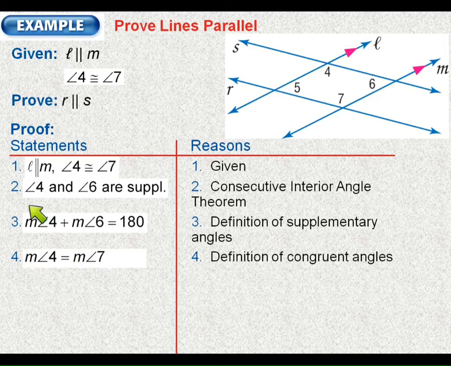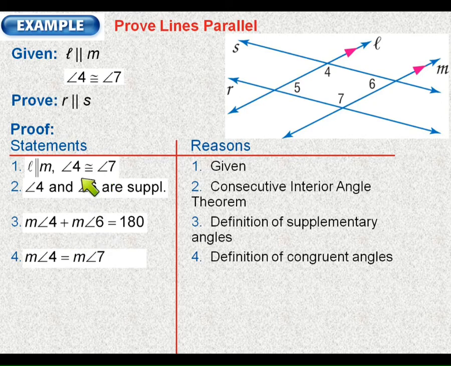Remember, if I'm going to substitute into an equation, I need to go from congruent to equal. Whenever we take angle 4 congruent to angle 7 to angle 4 equals angle 7, that's by definition of congruency, right? I could have done this step up here. This step didn't actually have to fall right here. But because I'm going to do some substitution, I need to change this to an equal sign to substitute it into an equation.